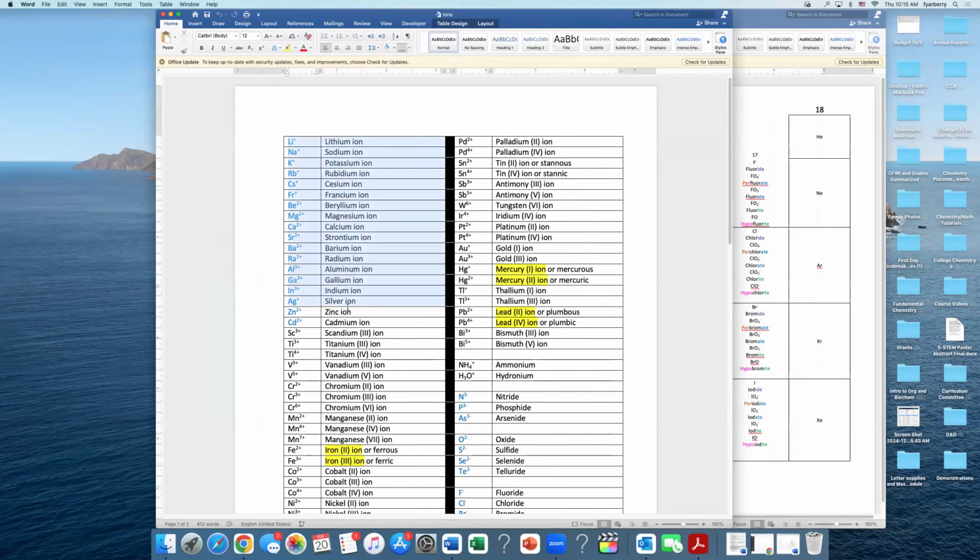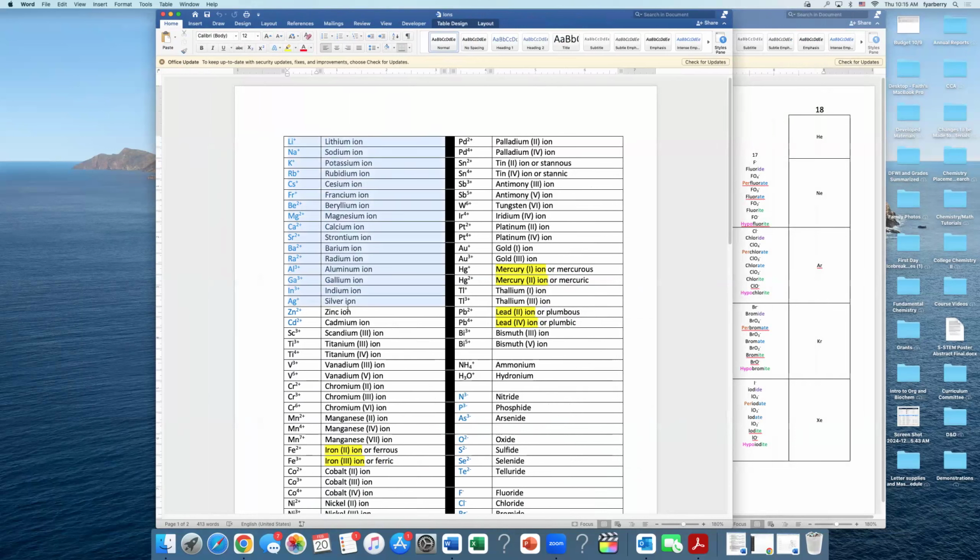The reason is that I haven't listed out all of the ions of an element whose charges vary. I listed a small portion of them. So you don't even have all of them here to memorize. I will come back to ammonium and the hydronium.